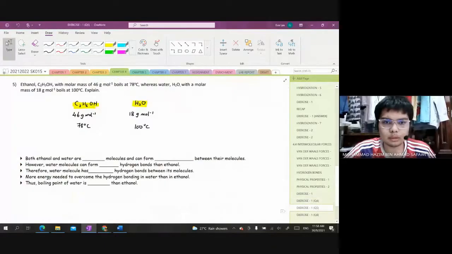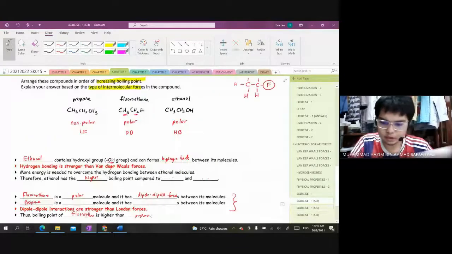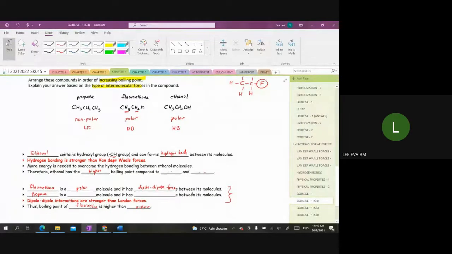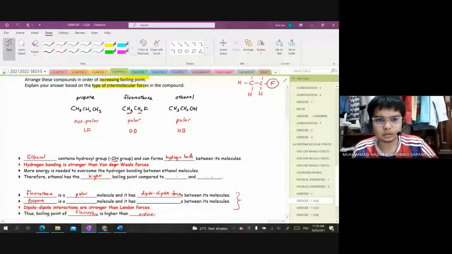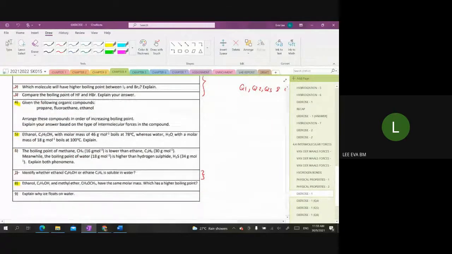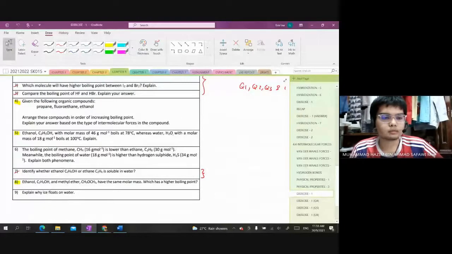Where is it? Because I can't find it. Is it actually in the notes? This empty space, no. Madam only gives you the exercises. Oh, I thought I was missing something.